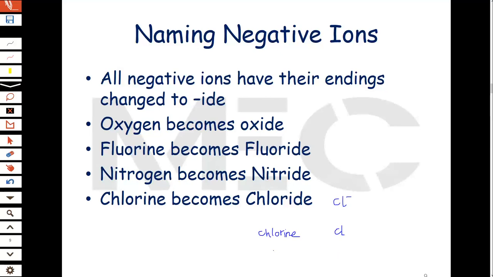And if we say chlorine alone, without mentioning if it's an element or atom, chlorine means Cl2, because we know that chlorine will be found in nature as Cl2, as a molecule. Okay, so chloride is Cl minus, nitride is N3 minus, and so forth. Let's go forward.